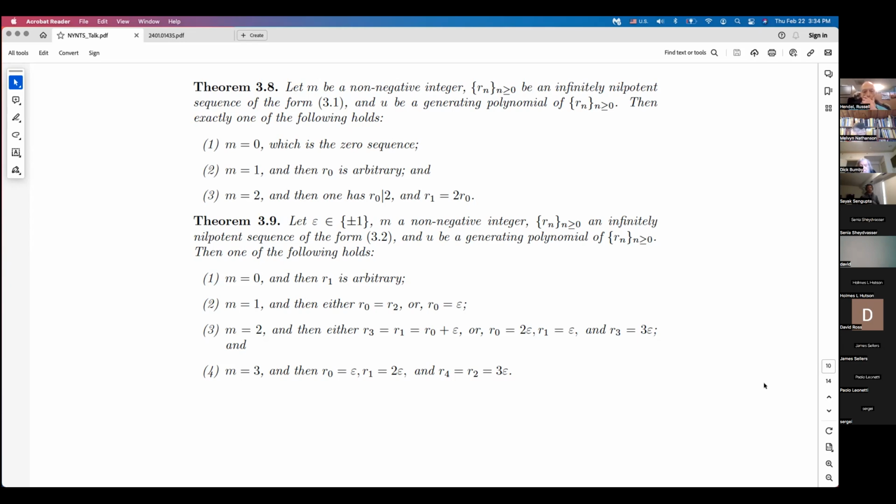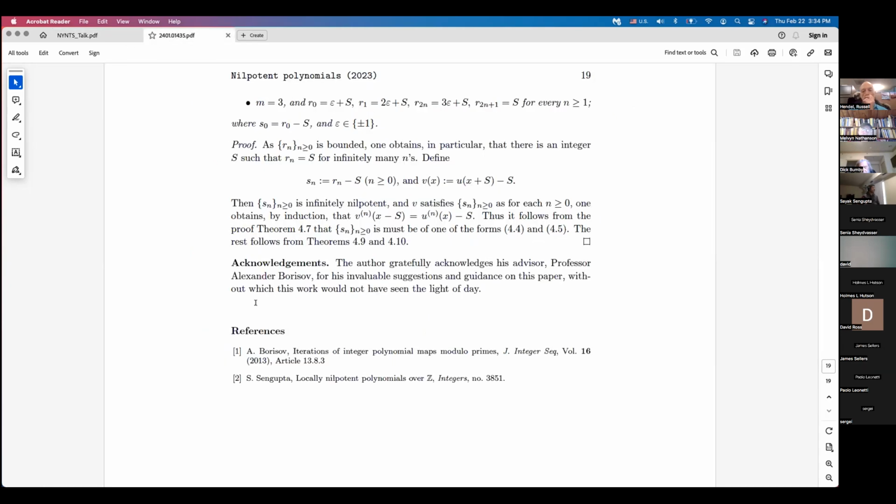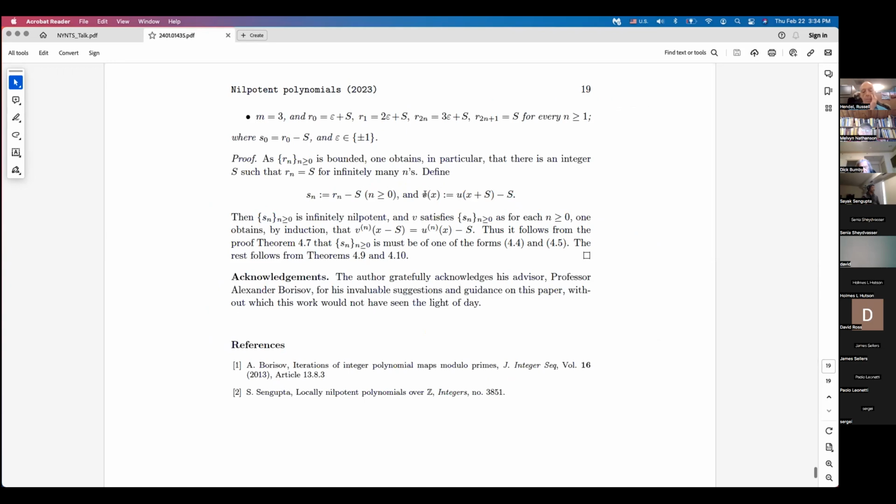Then I can define a new sequence, Sn, by letting Sn equal Rn minus s. Then I have transformed this Rn sequence into a new sequence, Sn, which is an infinitely nilpotent sequence. And that will also have a generating polynomial, which is basically V of x equals that. And it's easy to check that the induction also works very nicely.